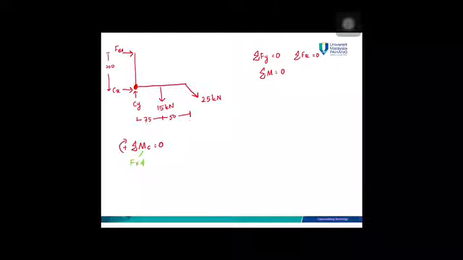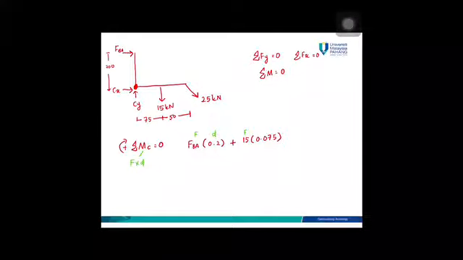and then we have FBA times distance, which is 0.2. This one will be your F. This is the distance, plus 15 times 0.075. Put the annotation.